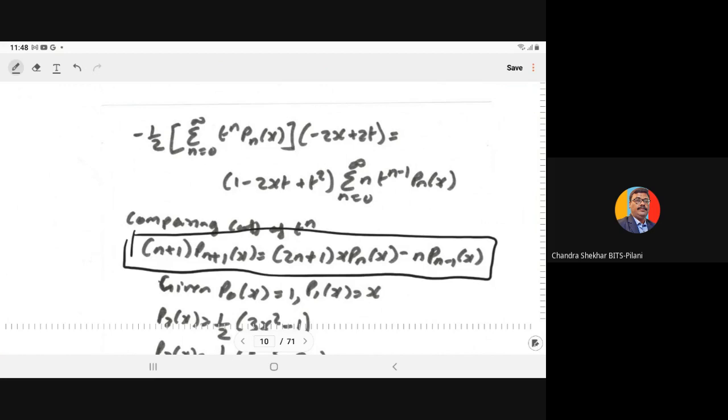So as you compare the coefficient of t to the power n on both sides, you will get the following recurrence relation. Clear?